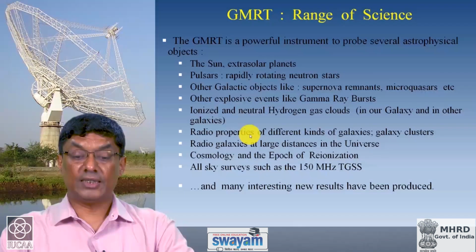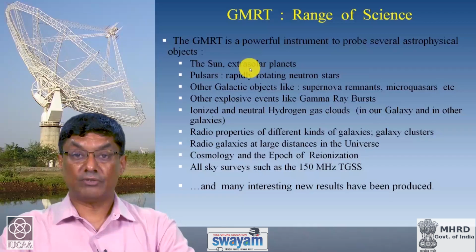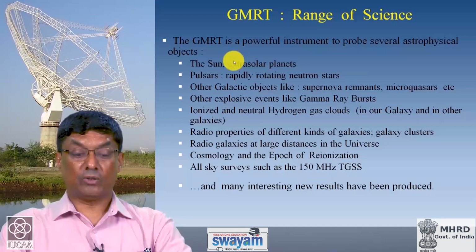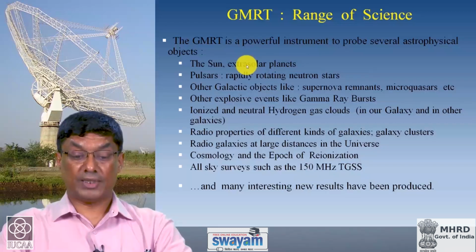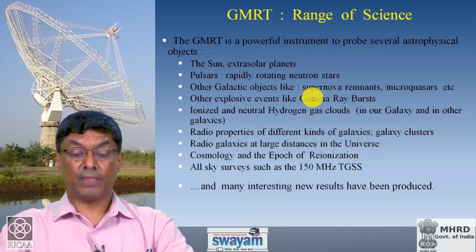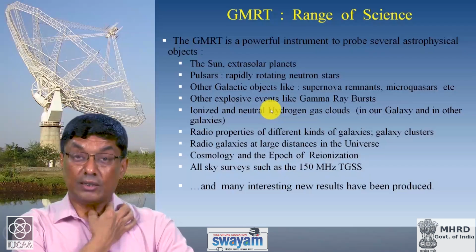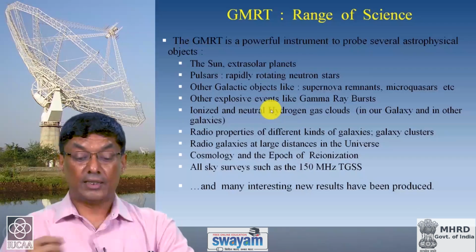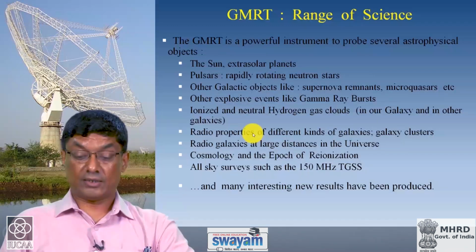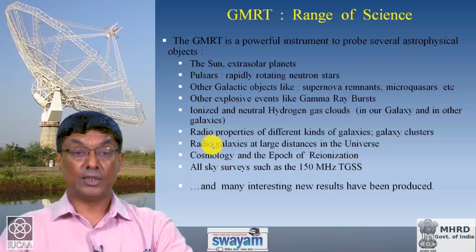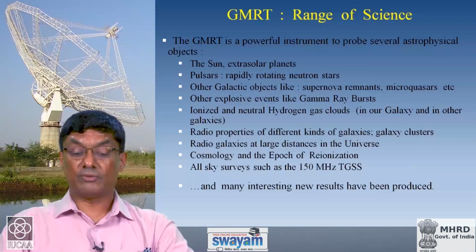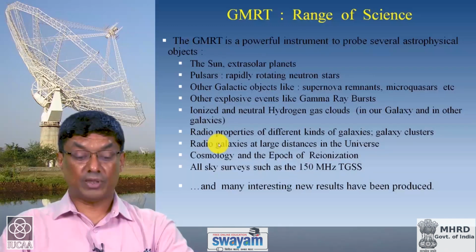And a typical radio facility like the GMRT is used for a very broad range of science topics, which are listed here, all the way from studying the details of the radio emission from the sun and its properties, to even looking for extrasolar planets, and then studying objects like pulsars and galactic objects like supernova remnants, microquasars, explosive transients like gamma ray bursts, then different forms of hydrogen gas, ionized or neutral, both in our galaxy and in other galaxies, and radio properties of different kinds of galaxies, studying clusters of galaxies, and what are called radio galaxies, which are galaxies which emit preferentially strongly in radio frequencies, like the example that I showed you when I was illustrating the power of the resolution.